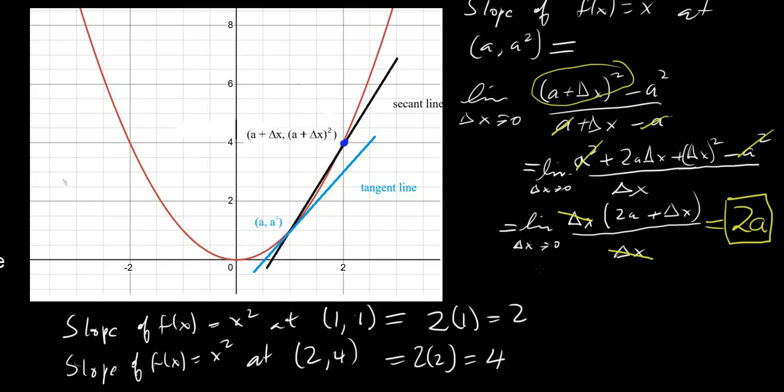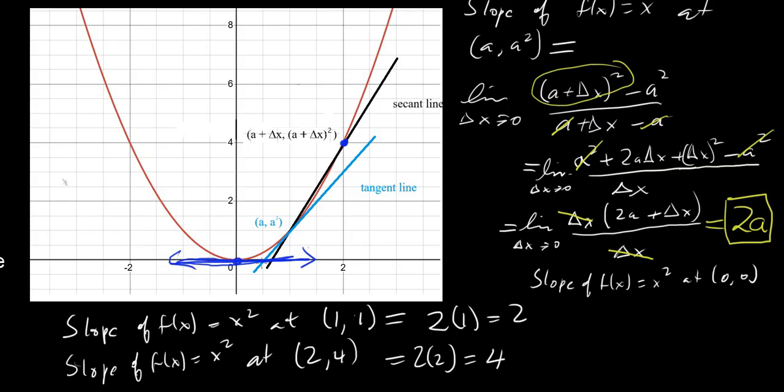Well, what about the slope of f of x equaling x squared at the origin at 0, 0, right? Again, we talked about the slope being a tangent line at the point 0, 0. And there's my worst impersonation of a tangent line you've ever seen.